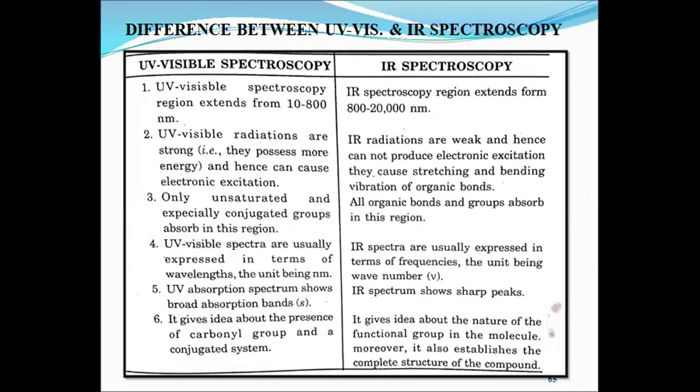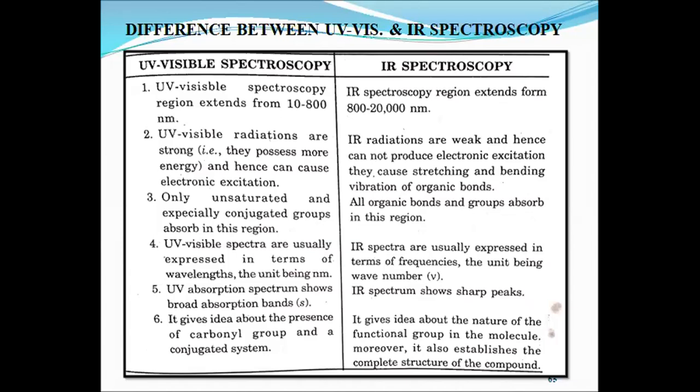So here is the difference between UV visible and infrared. After studying both, we can easily differentiate between the two spectroscopies. The first difference is the range in which UV visible spectroscopy and IR spectroscopy are studied. The second important difference is the theory: in UV visible spectroscopy electronic transitions or electronic excitations are occurring, whereas in IR radiation stretching and bending, or vibrational changes, are taking place.